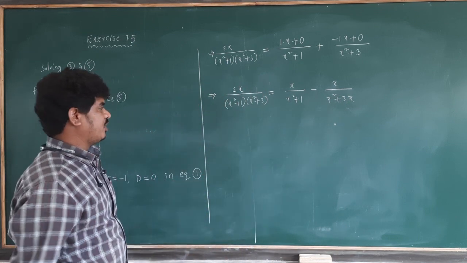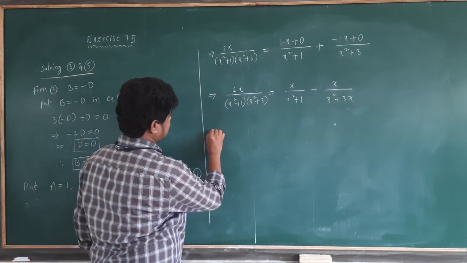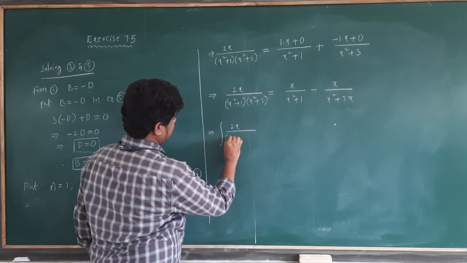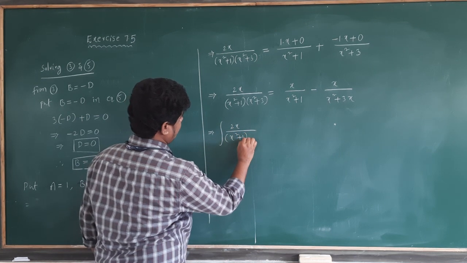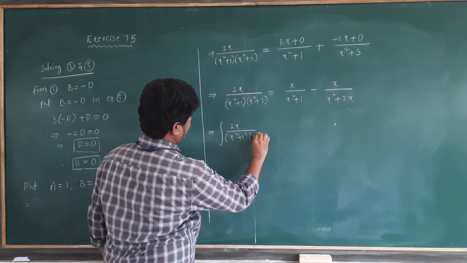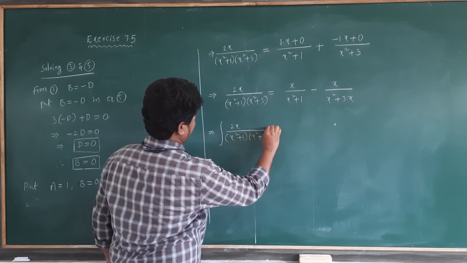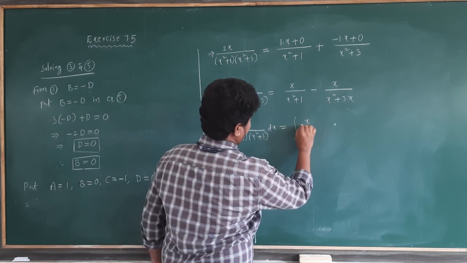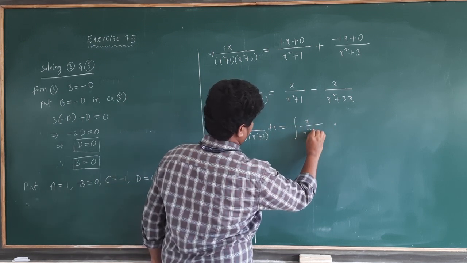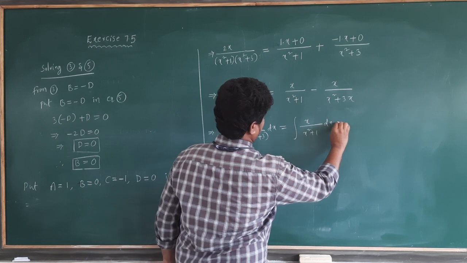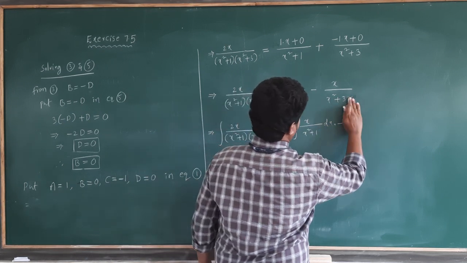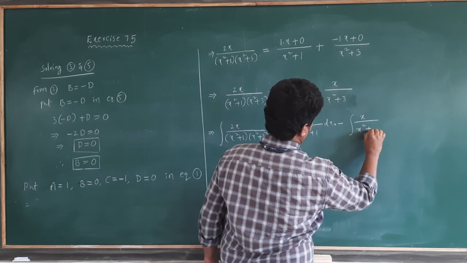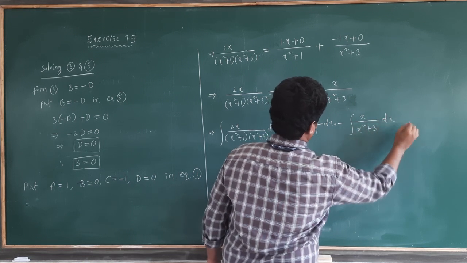Integrate both sides with respect to x. What I can write? Integral of 2x divided by x square plus 1 into x square plus 3 dx is equal to integral of x divided by x square plus 1 dx minus, sorry, it is 3 only, x divided by x square plus 3 dx.